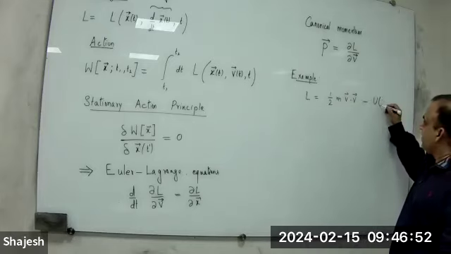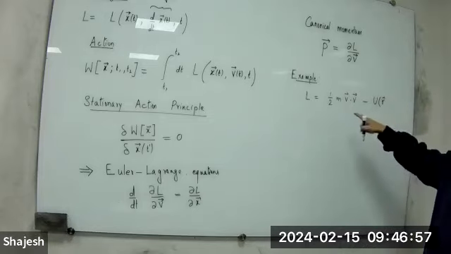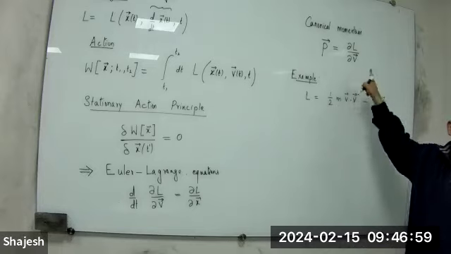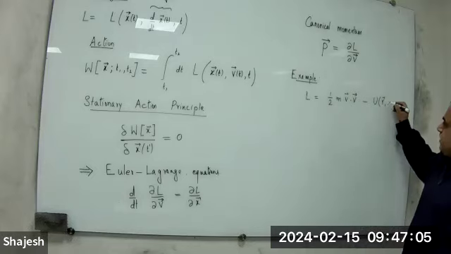Notice if the potential energy is a function of velocity, then this partial derivative will hit that potential. Often, not necessarily all the time, this is not velocity dependent.